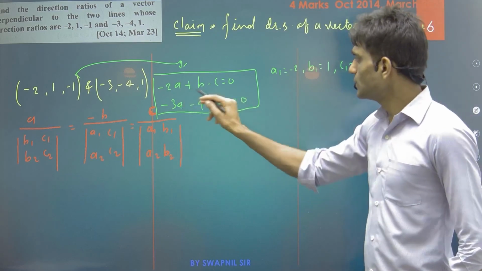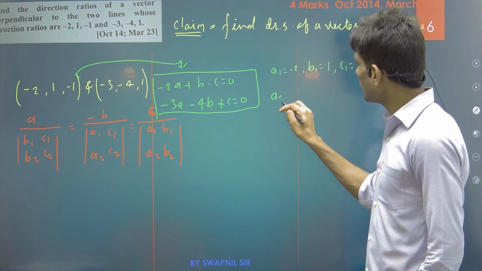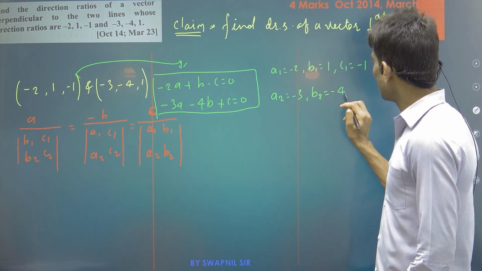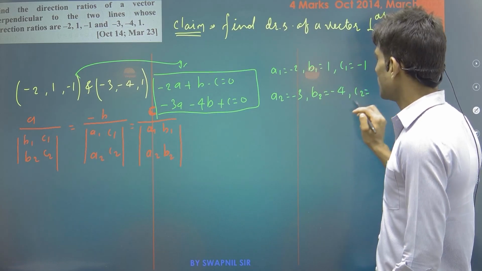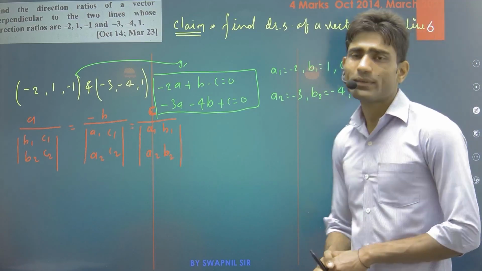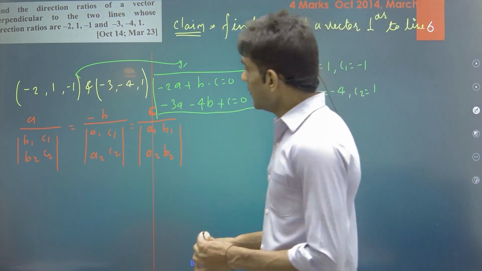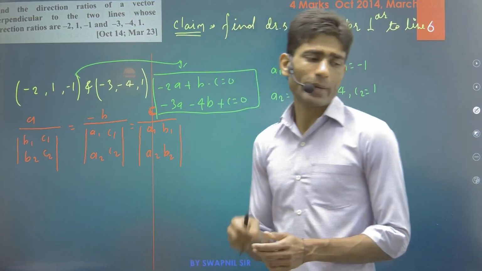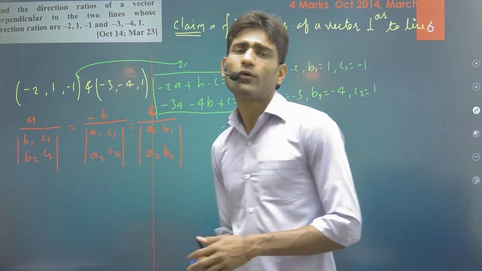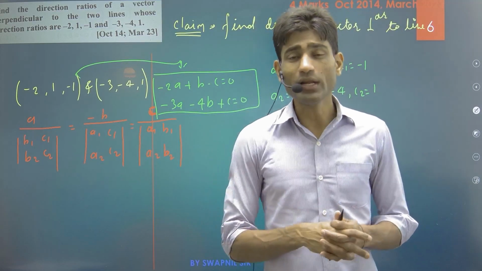Similarly, a2 is minus 3, b2 is minus 4, and c2 is 1. These are all the values of a1, b1, c1, a2, b2, c2. Now substitute all these values in our given result, and you will get the required direction ratios for our perpendicular line. As we don't have values for a, b, c, keep them as they are, because these are the required direction ratios for our perpendicular line.